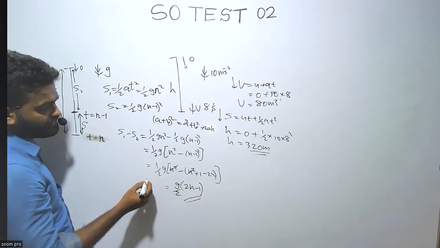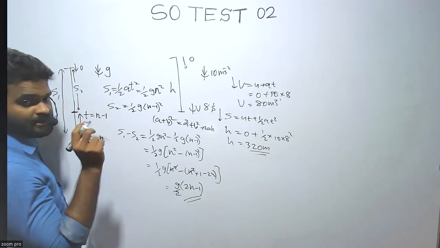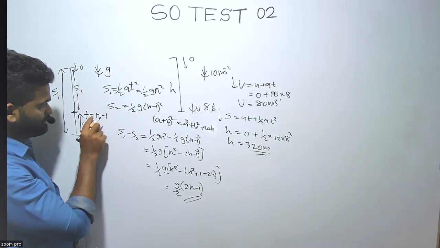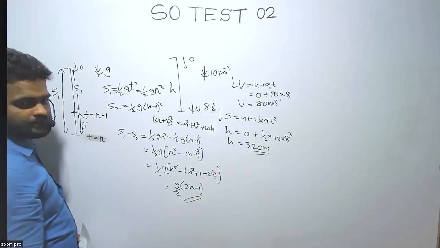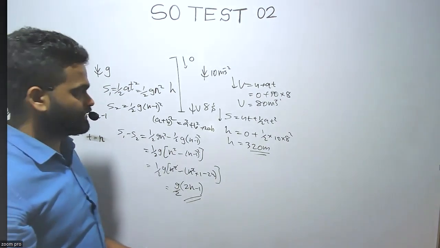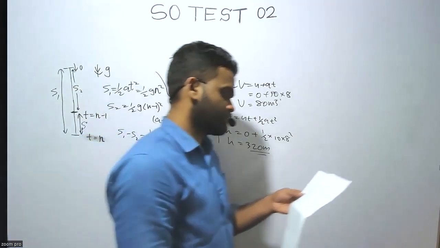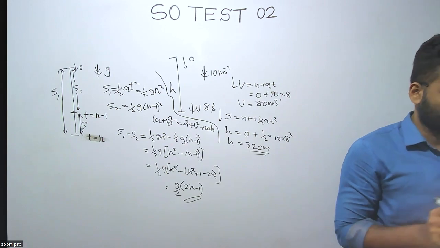So this is the distance it traveled within the nth second. Within the nth second means just 1 second, that is between n minus 1 and n. So after that it is a simple algebraic simplification, right? The answer is the fourth one for that. Fourth one.